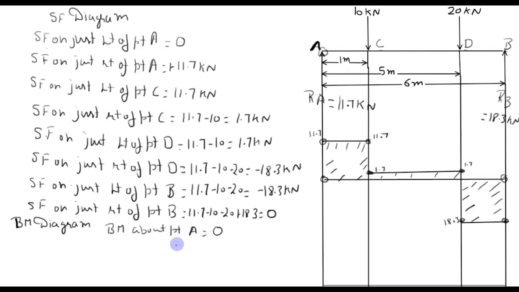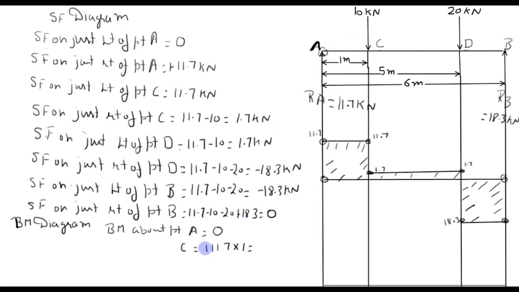Now second point in this diagram is point C. On the left side of point C there is one force, that is RA 11.7, at a distance of 1 meter, and this tends to rotate the beam in clockwise direction.